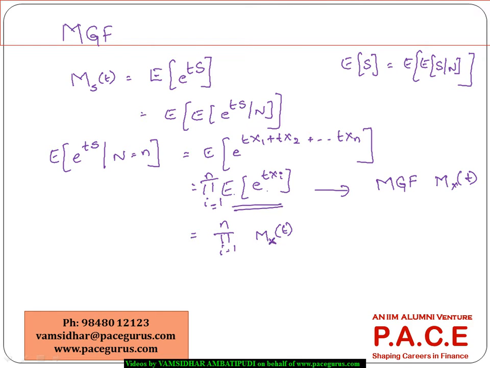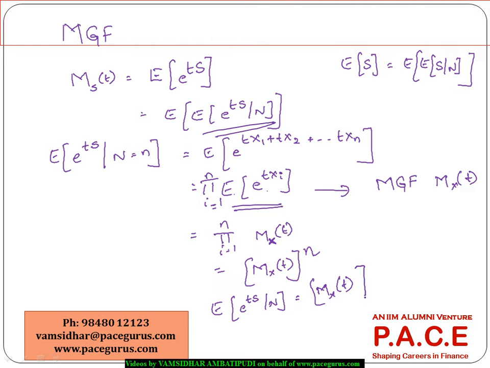So I am taking it as generalized, as X. Once I have the moment generating function for one of them, I am taking it to the power n. So if you look at this internal part, expected value of e power tS given N, it is nothing but MX(t) to the power n.